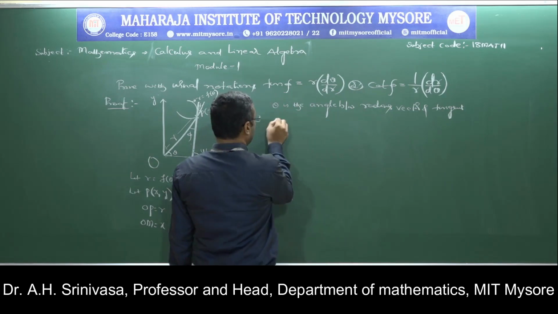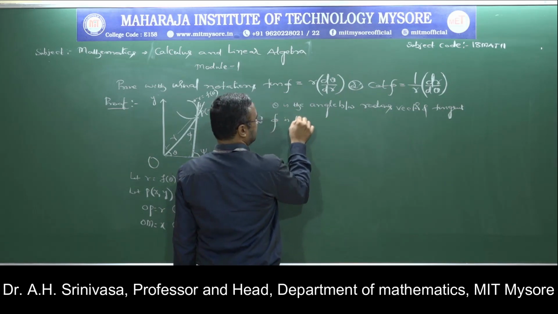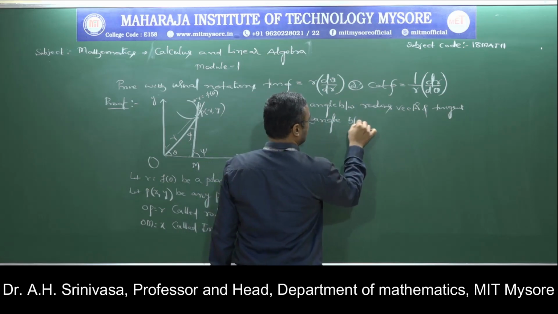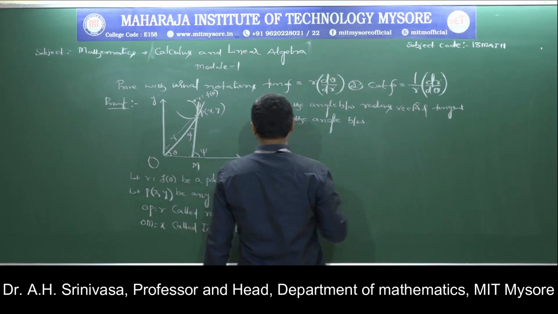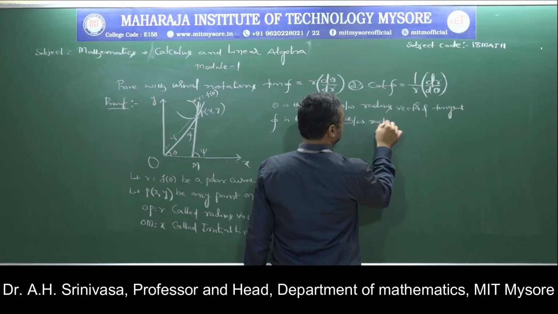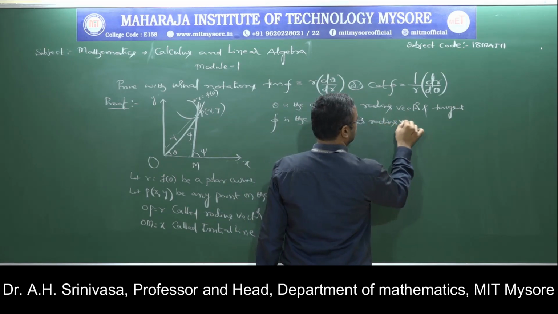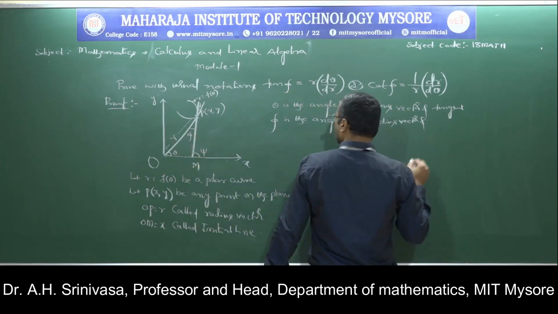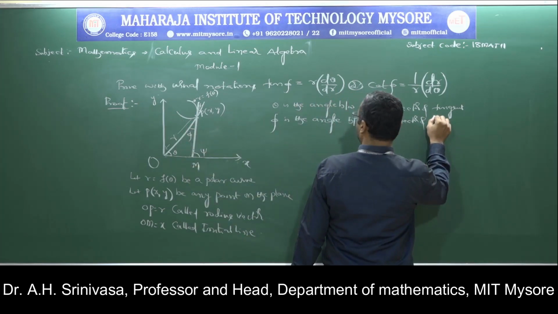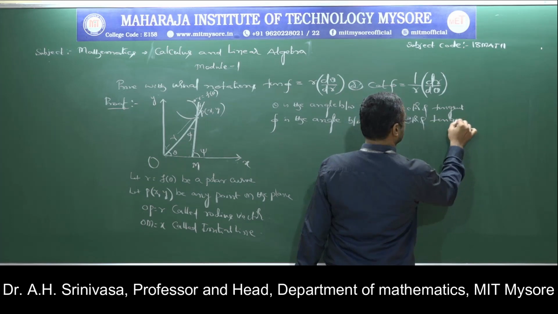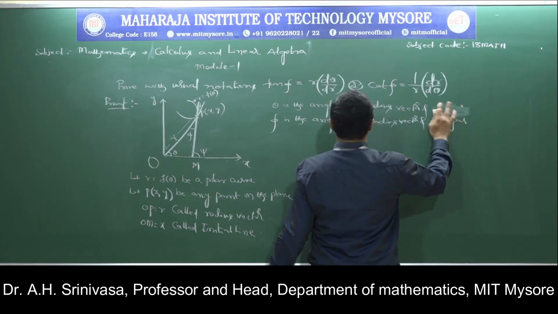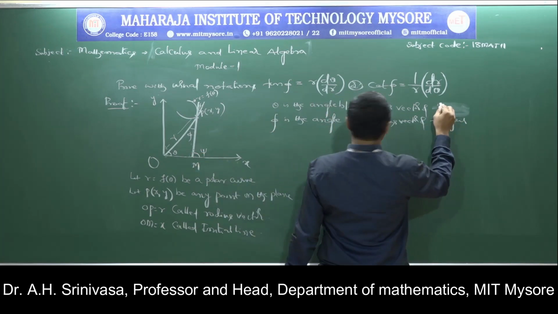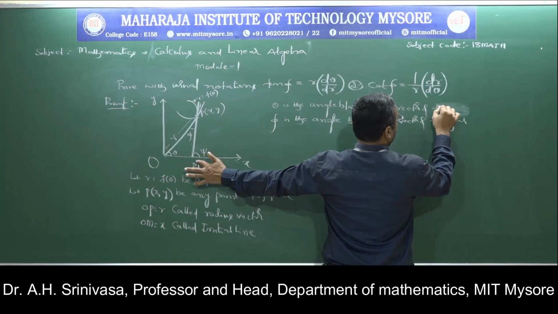Theta is the angle between radius vector and initial line.